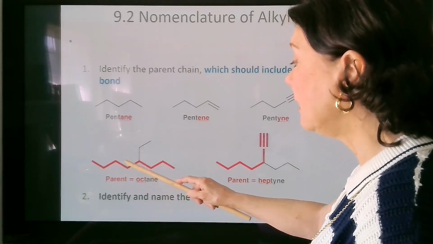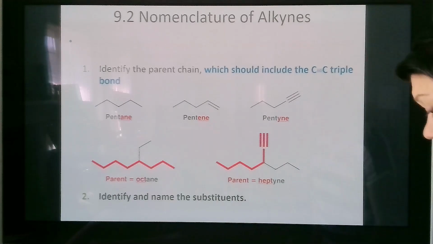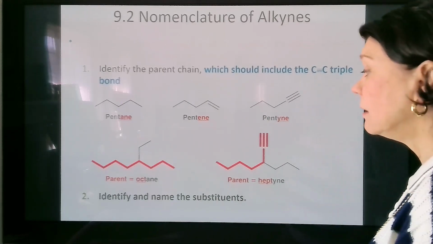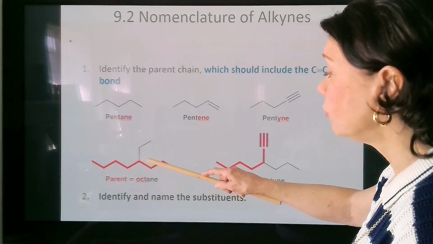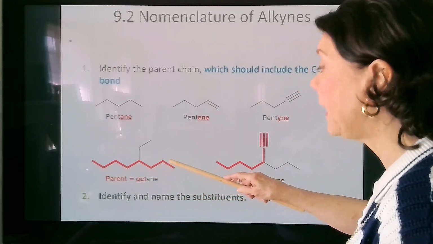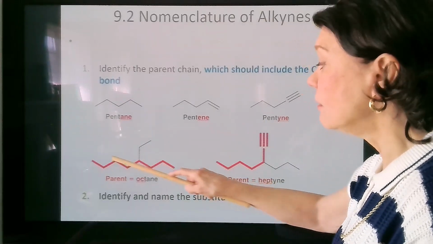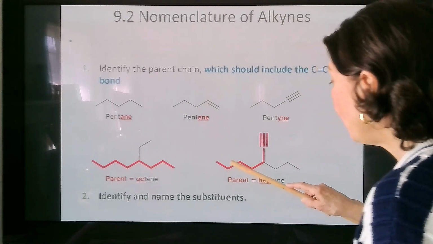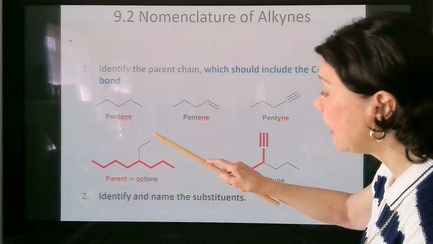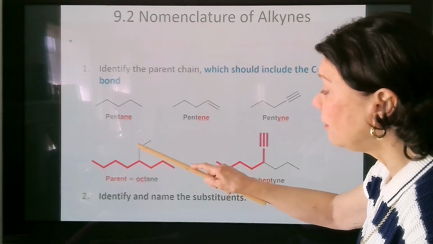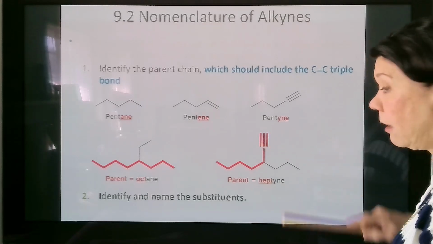If you had this compound with no unsaturation in it, no double bond or triple bond, your longest parent chain would be 1, 2, 3, 4, 5, 6, 7, 8. So this would be octane. And you have this same molecule. Notice these are identical, except right here there is no unsaturation, and yet here you have a triple bond.